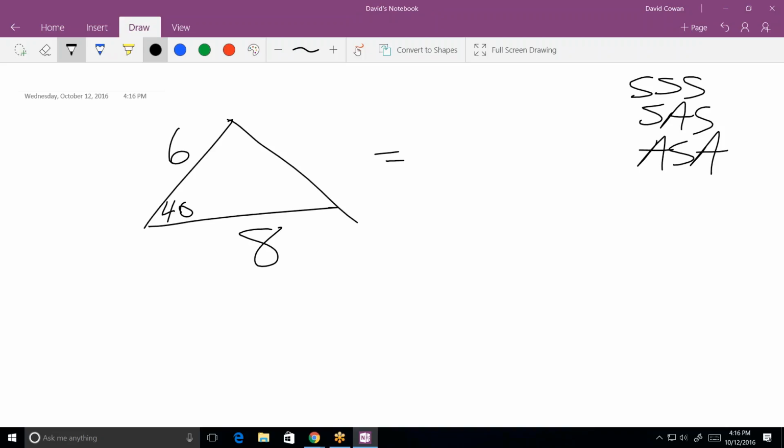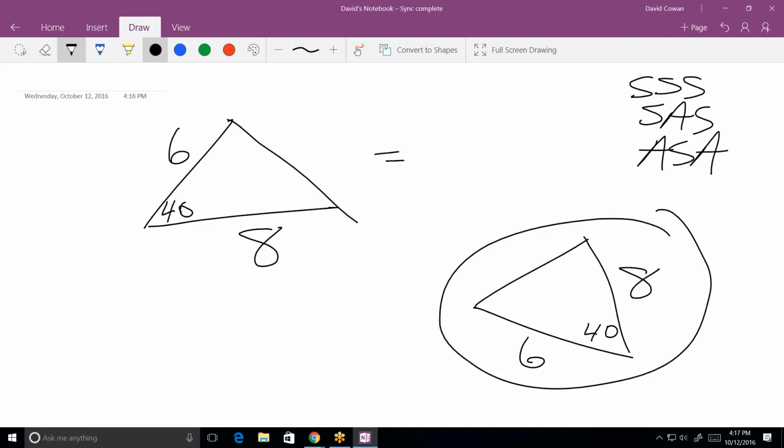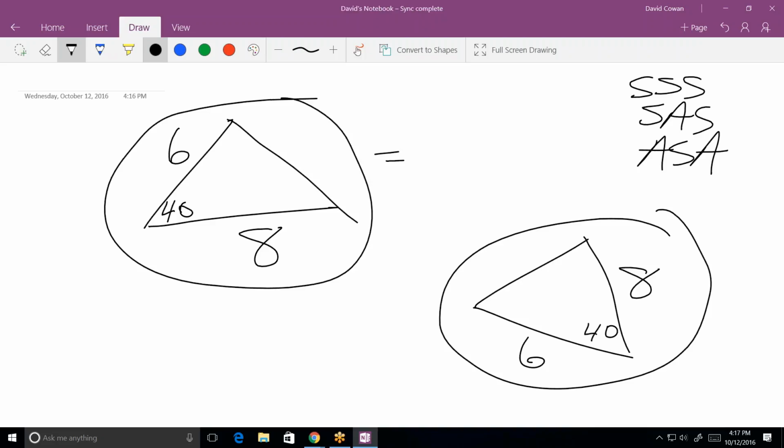And again, it doesn't matter which way I go. I can go clockwise or counterclockwise. But the principle is the same. In other words, if I draw another triangle over here like that, no matter what, if that's 40, that's 6, and that's 8, well, this is the same side, angle, side as this one. Therefore, they're going to be congruent.